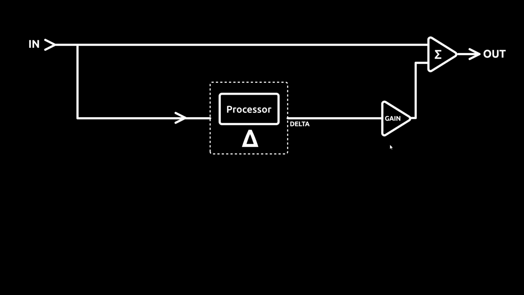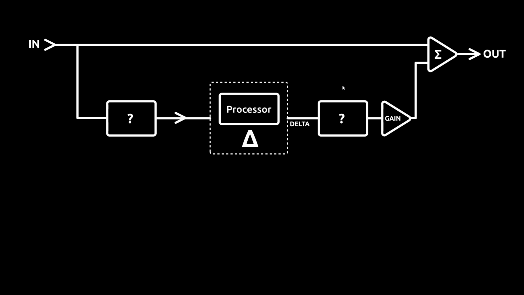So a gain control on the delta signal will behave pretty much as a dry-wet control. And you can also shape the delta signal by tweaking what goes into the processor, and you can also change what happens with the delta signal itself afterwards, before adding it to the clean signal. So you get a lot more control over what the processor will contribute to the sound in the end.